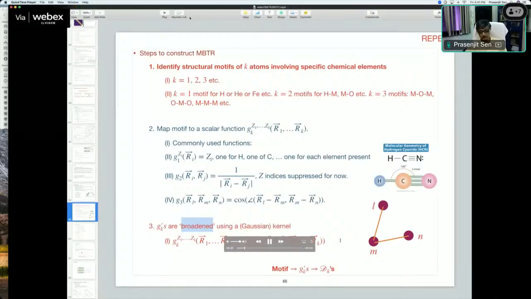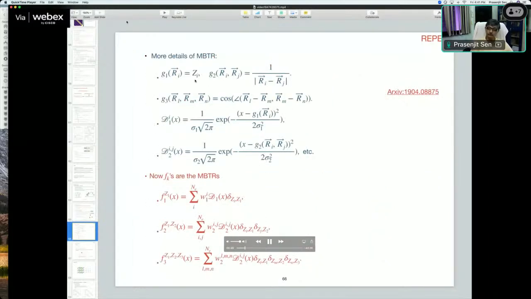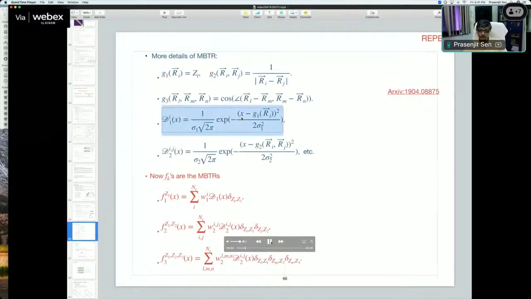And so to broaden it, so G1, how do you broaden it? So G1, this is the same way you can broaden it using a Gaussian kernel.